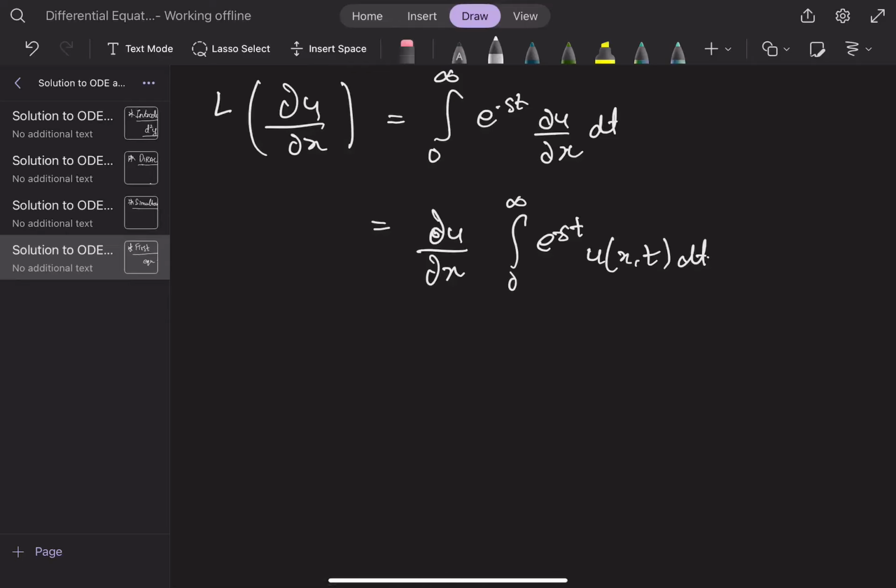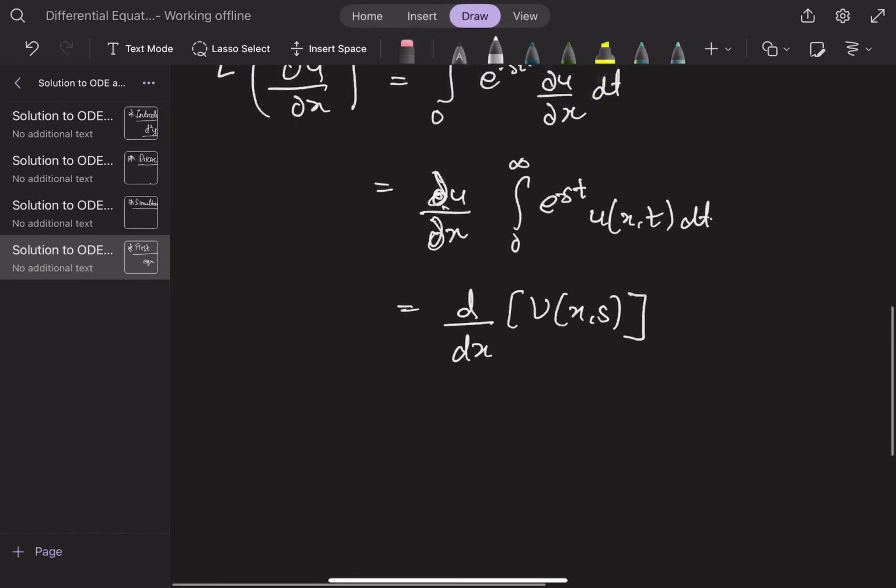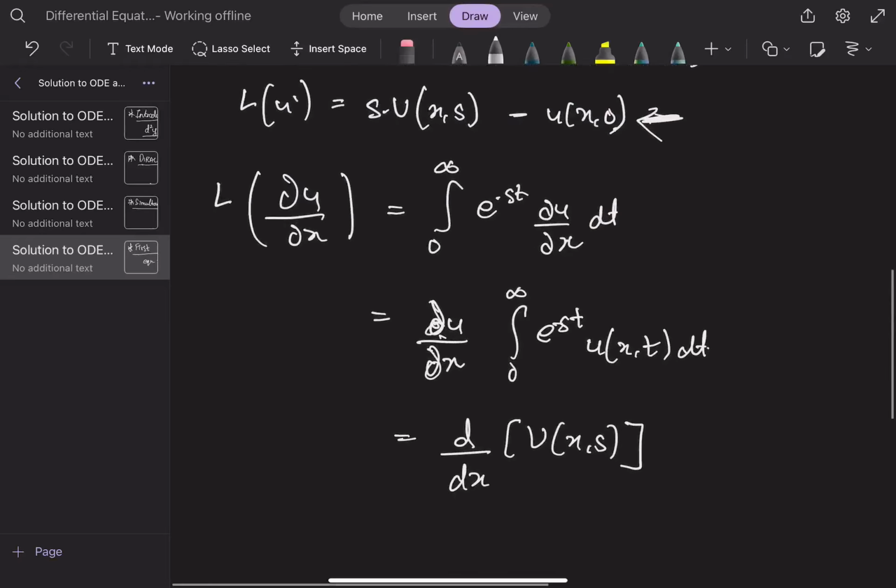So the answer is d by dx of U of x comma s. We can replace del by d over here. Again, guys, you do not need to remember this working. Just remember these two formulas, 1 and 2.